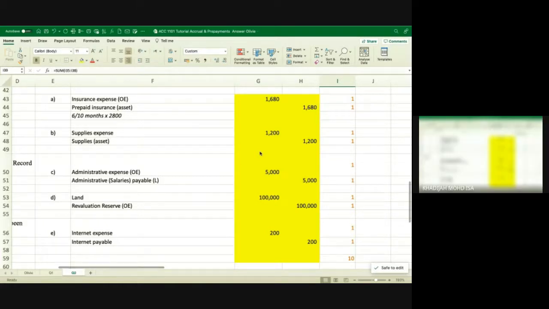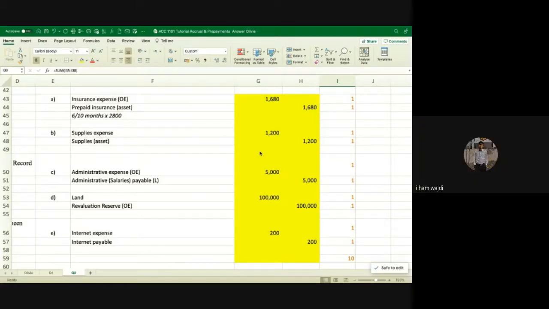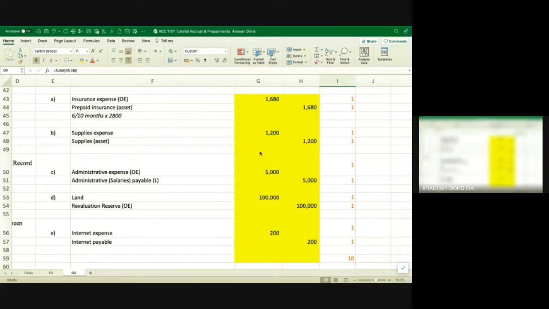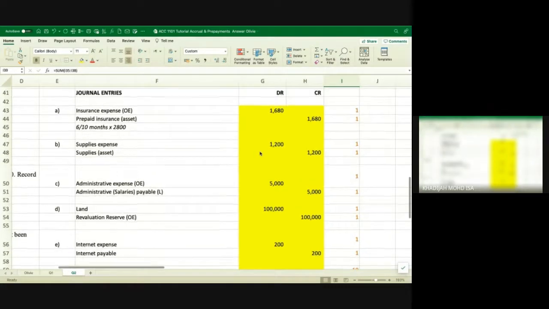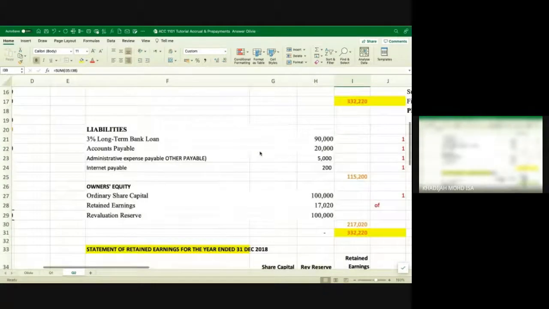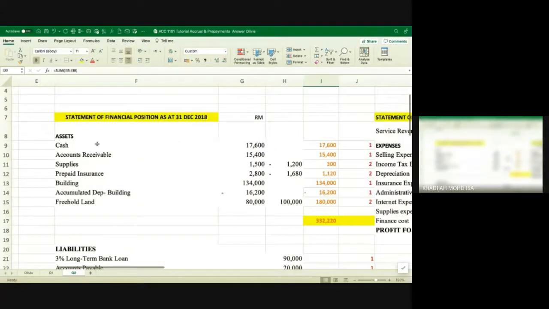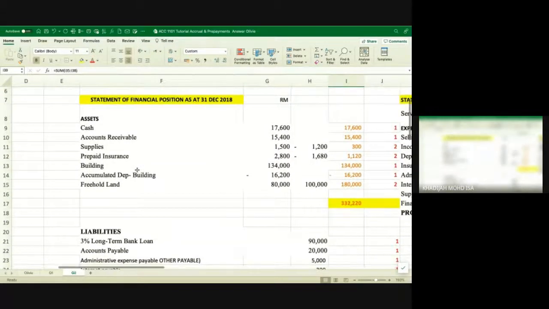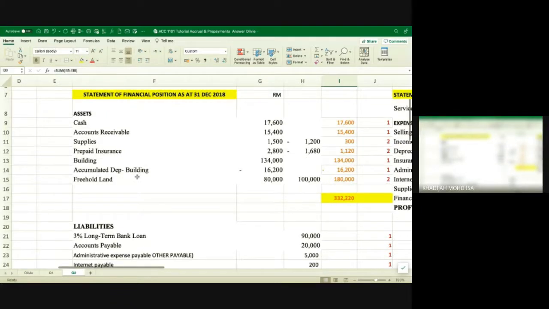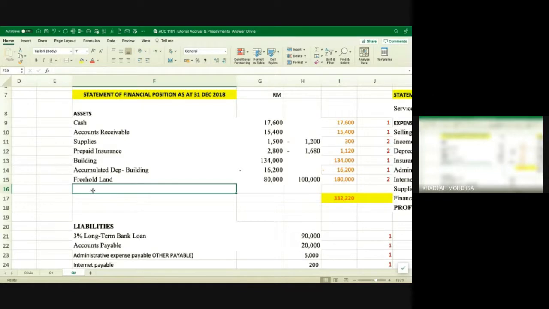Again, you plug in the adjusted figure, the journal entries, into the respective accounts. So you check if the account that you have prepared, the one that you have put into your statements, is already there, then you just add or minus. But if the account is not there, then you create a new account. It's not difficult, all right? It's your accounts, you can create a new account or whatever, right? So you are the manager.